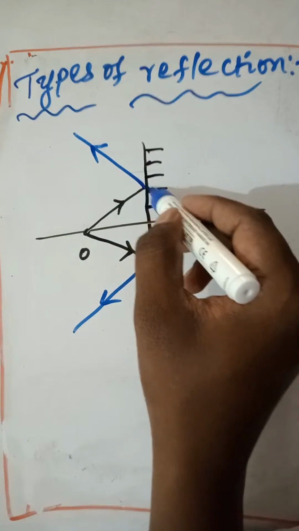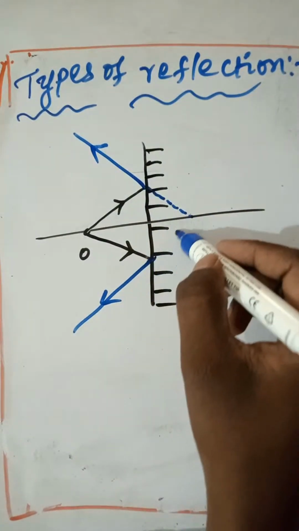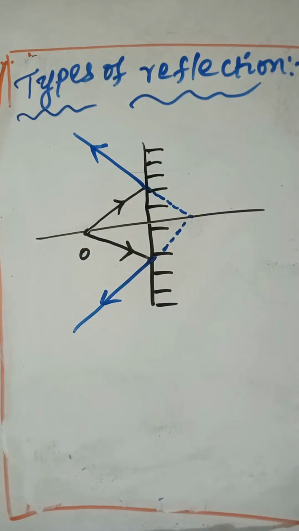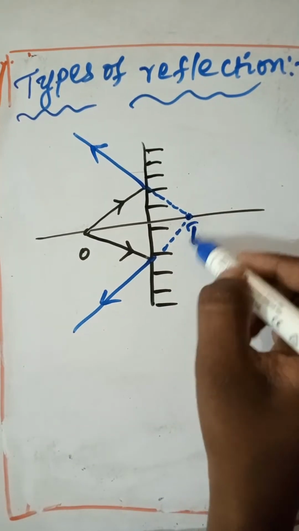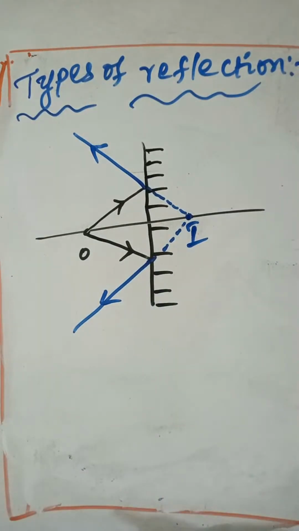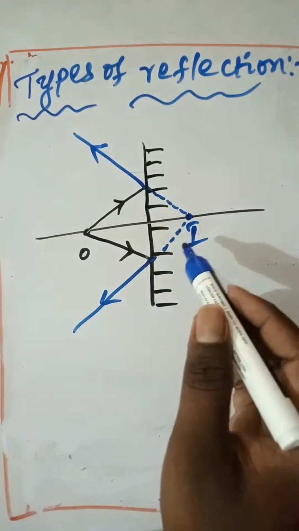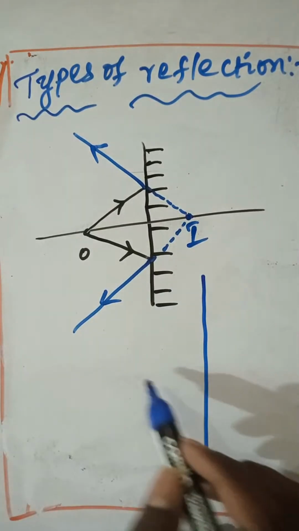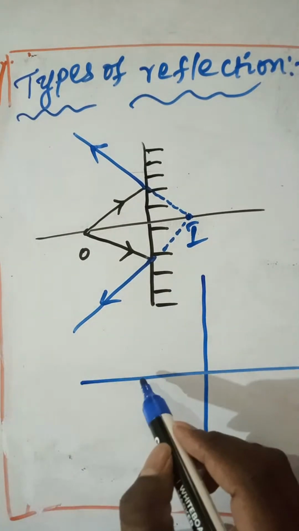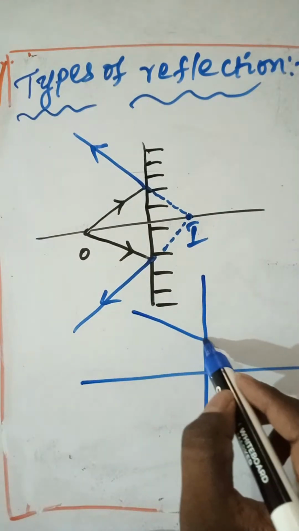If you extend these, the image will form here. Or one more diagram I am taking, where light rays are coming from different points.